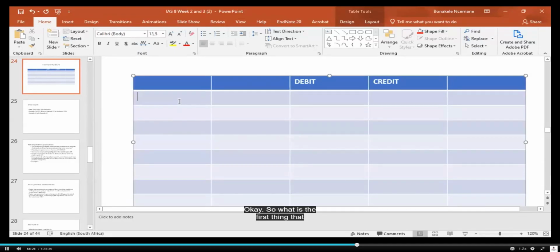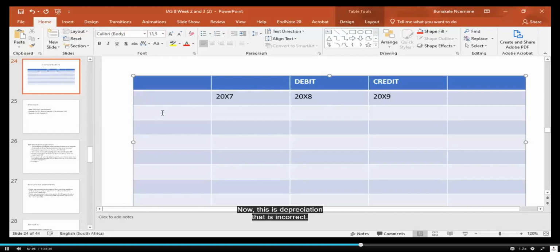Okay, so the first thing that we have to do is calculate the correction that is required. Now, we're told exactly how much depreciation the company deducted, right? So we have 20X7, 20X8, 20X9.